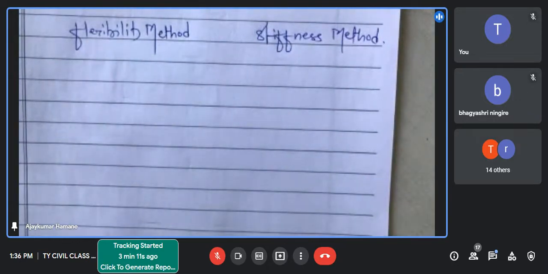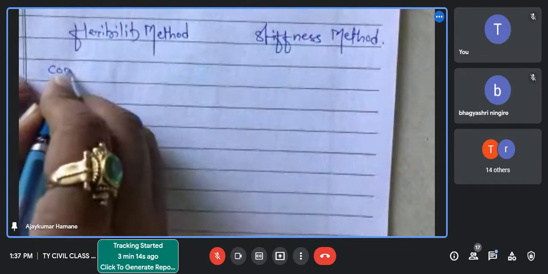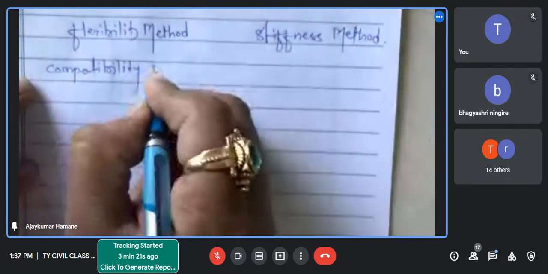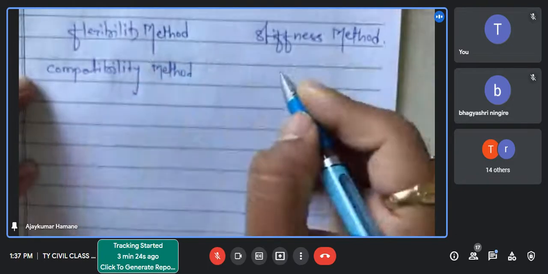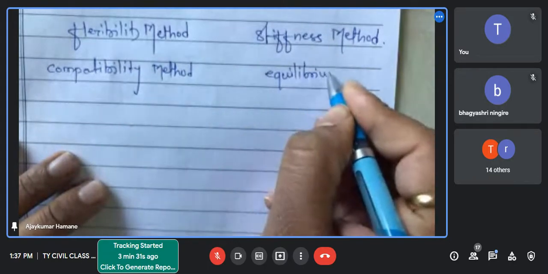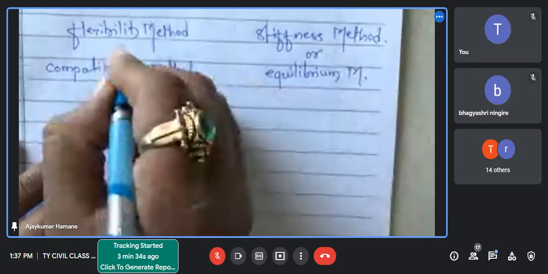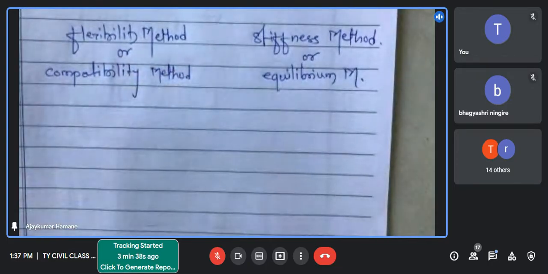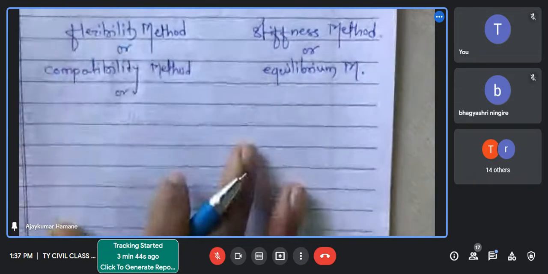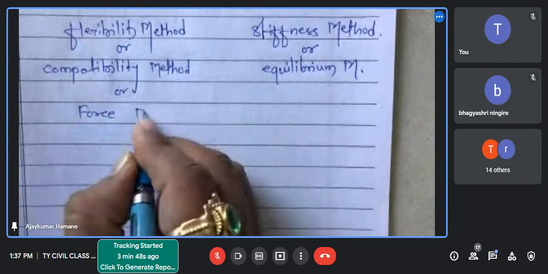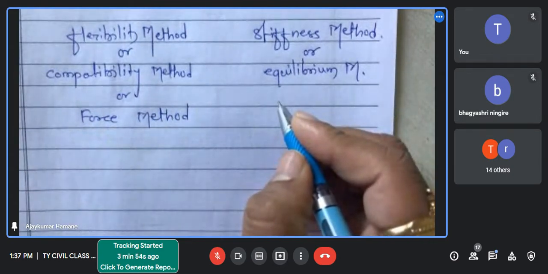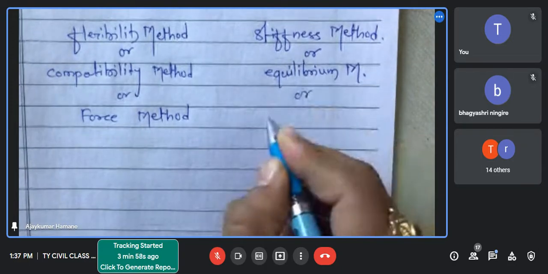The flexibility method is also known as the compatibility method, and the stiffness method is also known as the equilibrium method. Okay, remember these things. It is also known as the force method, and the stiffness method is also known as the displacement method.